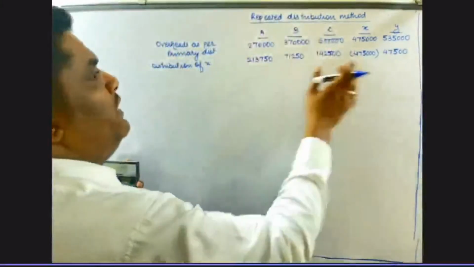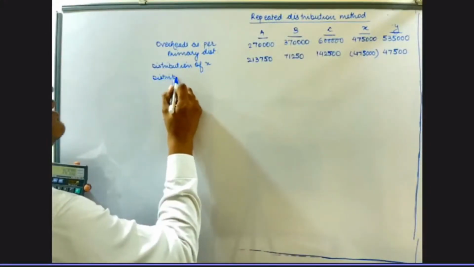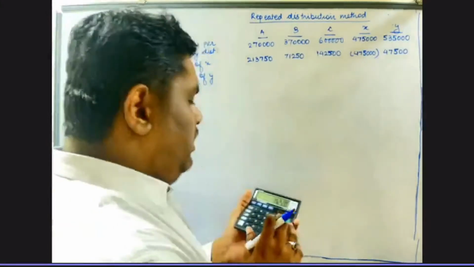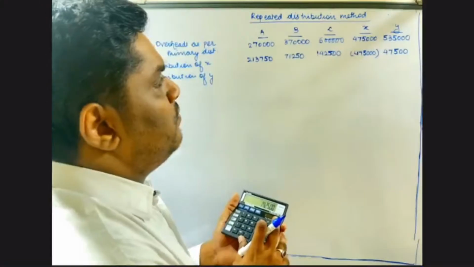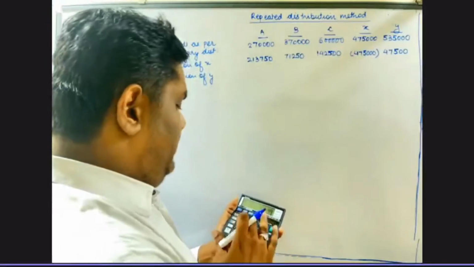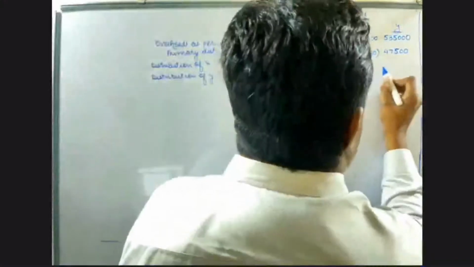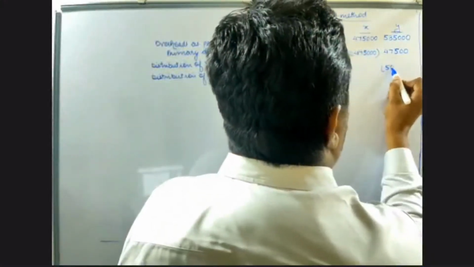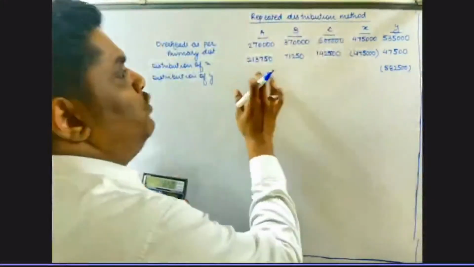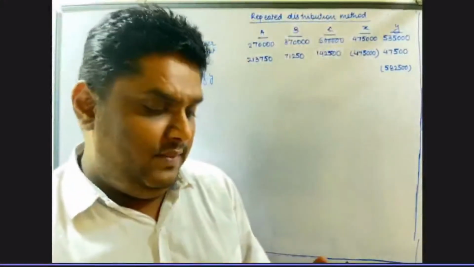Now we'll distribute the overheads of department Y. So distribution of Y. Now the total overheads of Y will be how much? 5,35,000 plus 47,500. So this will be 582,500. This will be distributed to A, B, C, and X. So A is 60%.